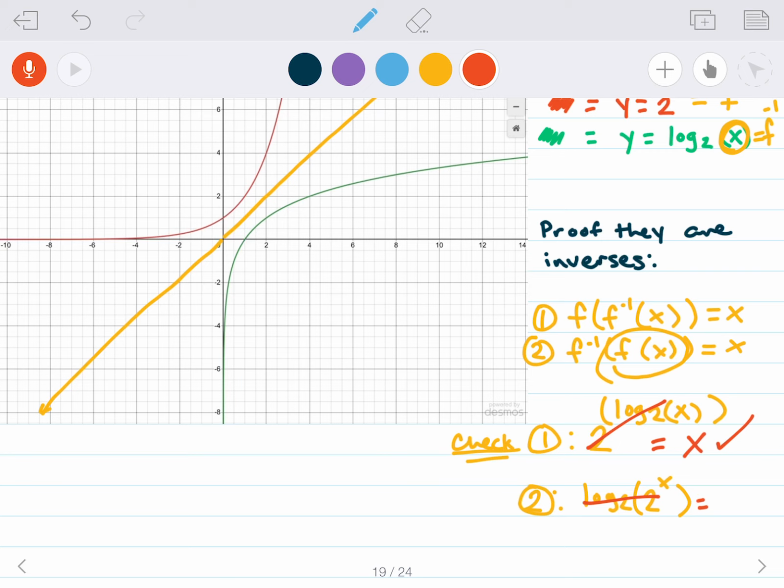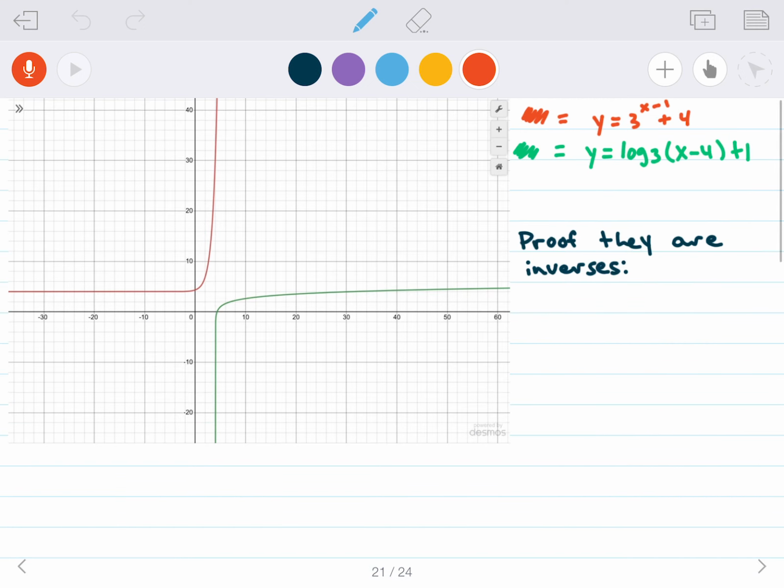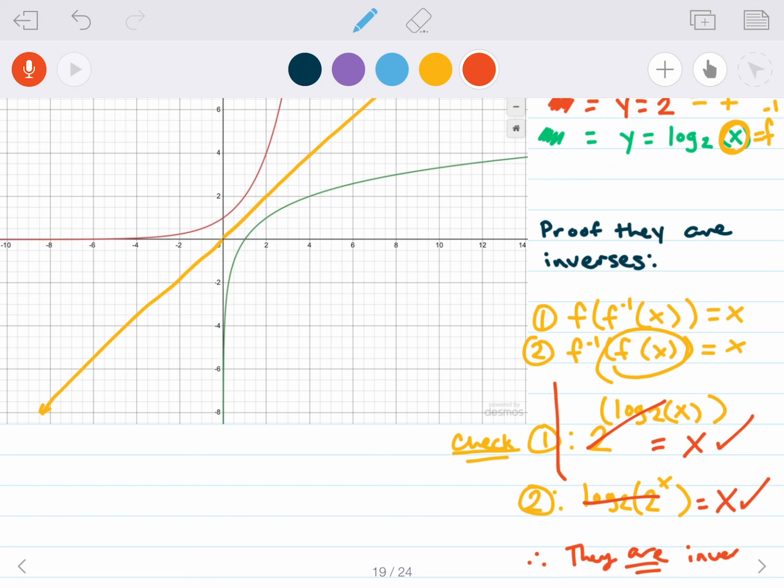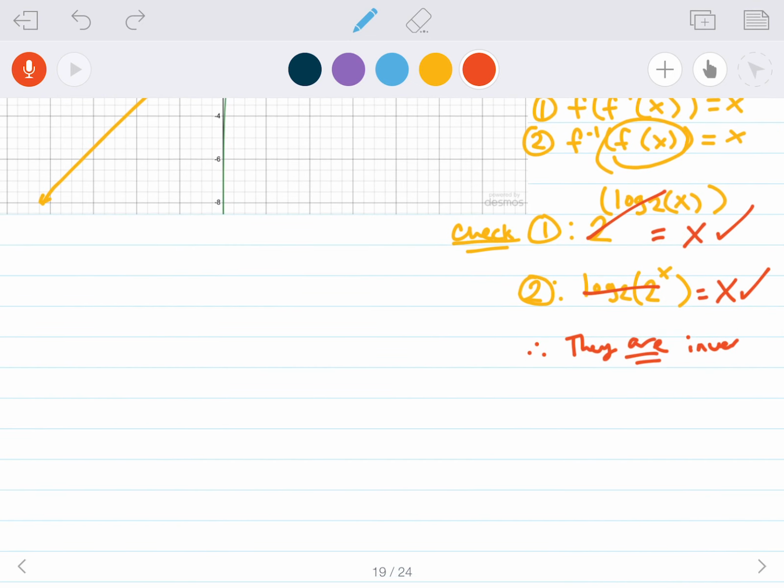The log base 2 and the 2 undo each other, and we're just left with x. So since the first and the second conditions are met, they are inverse functions.